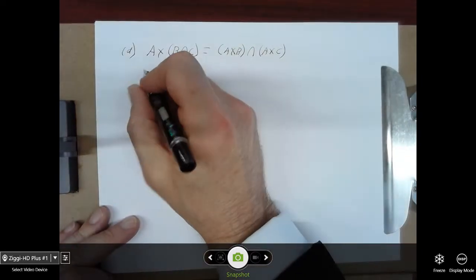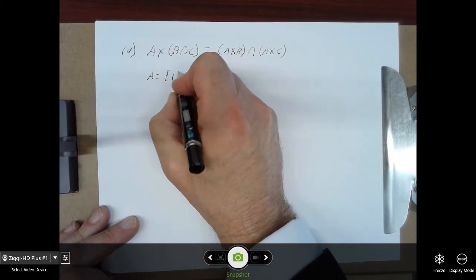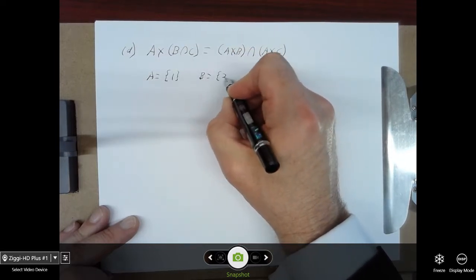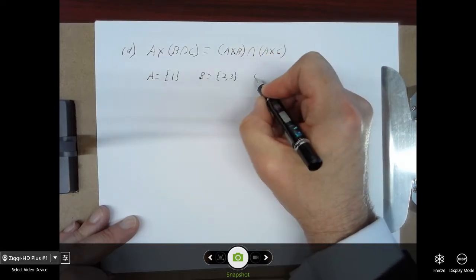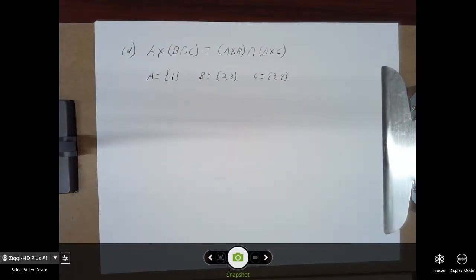So I'm going to set A equal to just the singleton set 1. I'm going to set B equal to 2, 3, and I'm going to set C equal to 3, 4. And we do this kind of like a proof, even though we're not using the formalism of propositional logic. We want to lay this out step by step in a way that makes it clear what we're doing.